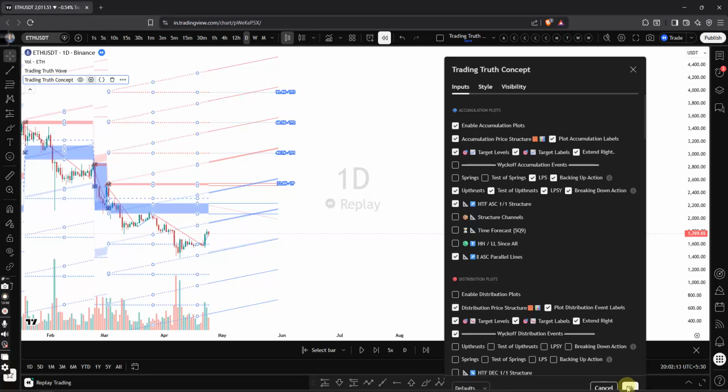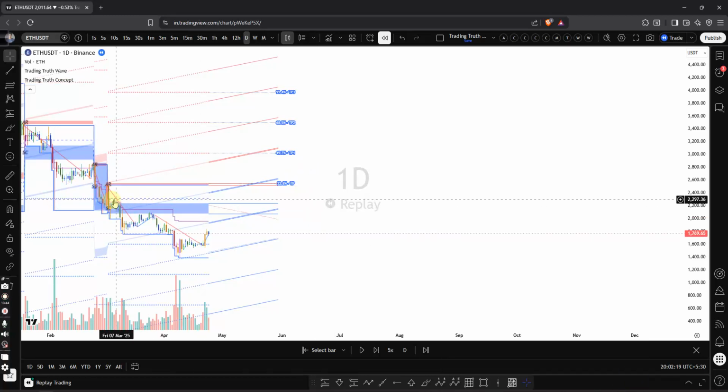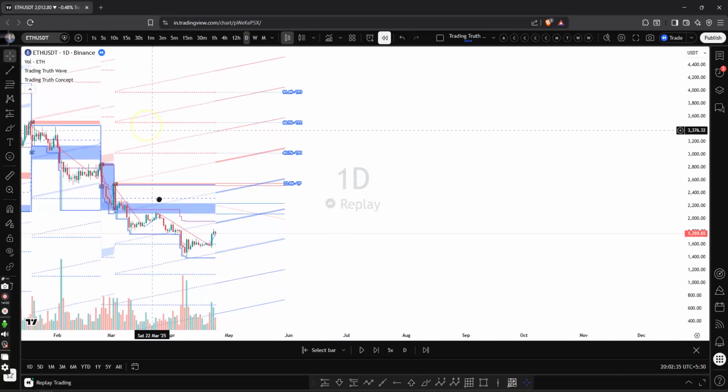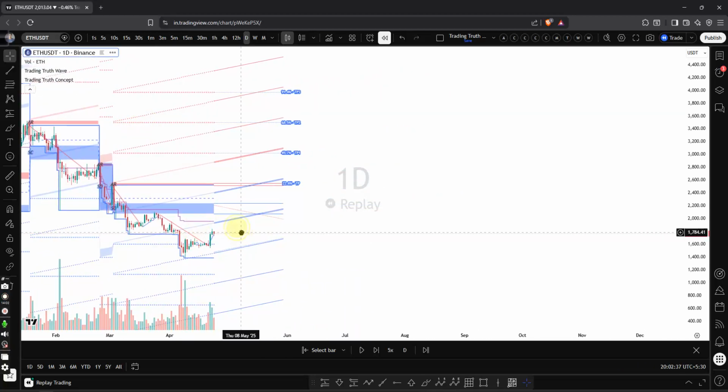What we need to do is also track the highest high and lowest low as soon as this structure is getting formed. Once this structure is getting formed, we need to track how high we want to build and how low this is going to be, and then the midpoint of that.